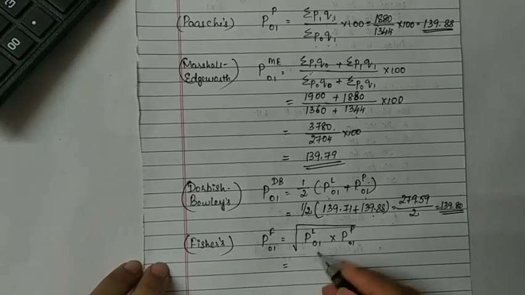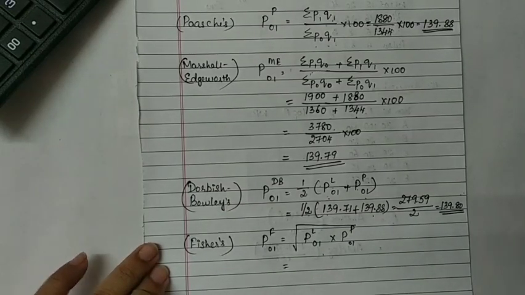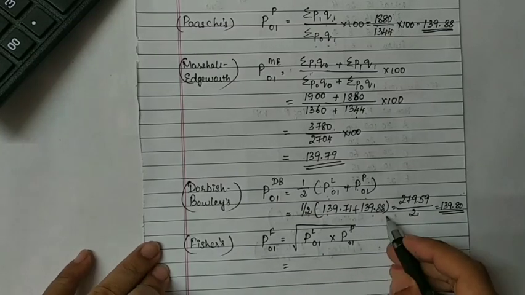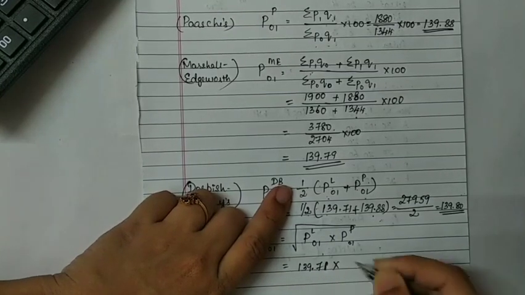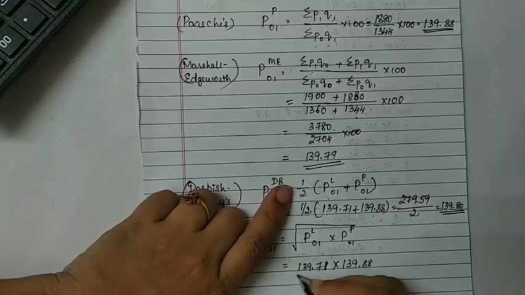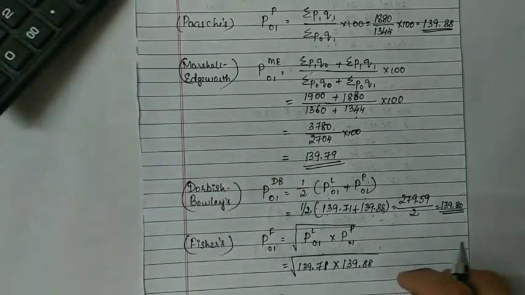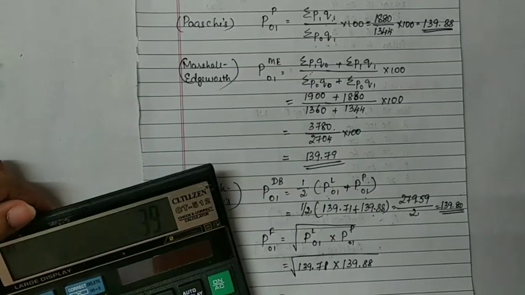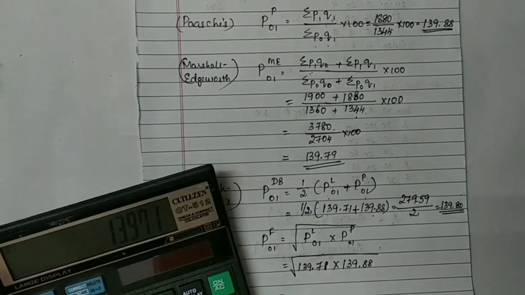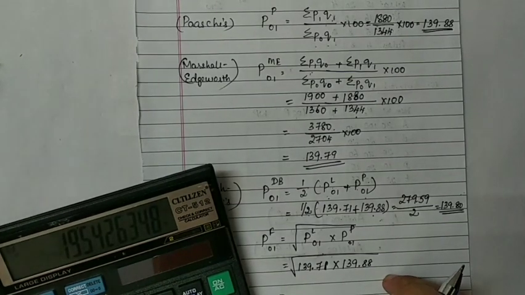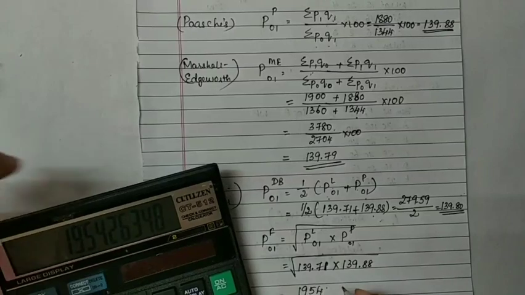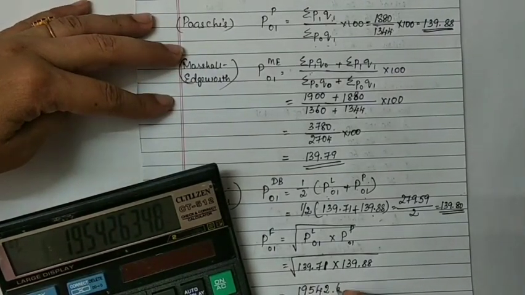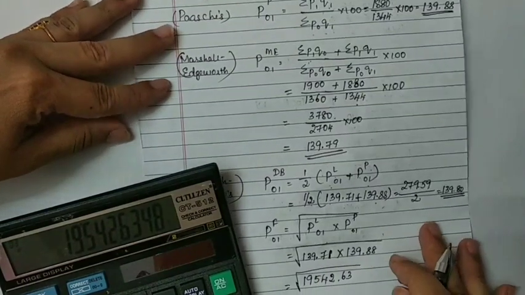And here again, square root of P01 of L into P01 of P. That is 139.71 into 139.88, its square root.